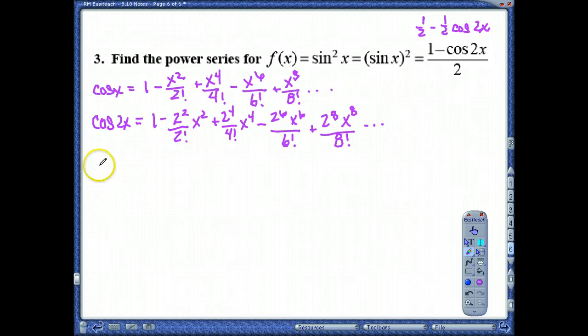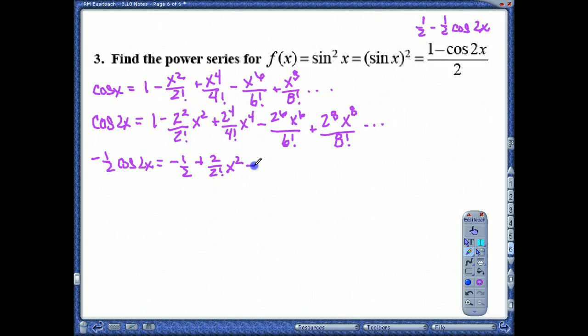Okay, so now I want to multiply that whole thing by negative 1/2. Now when I multiply by negative 1/2, I'm going to be canceling out some of these 2's on top, because negative 1/2 times 1 is negative 1/2. And then when I take this guy, you're going to lose a 2 on top. And everything's going to change in sign.